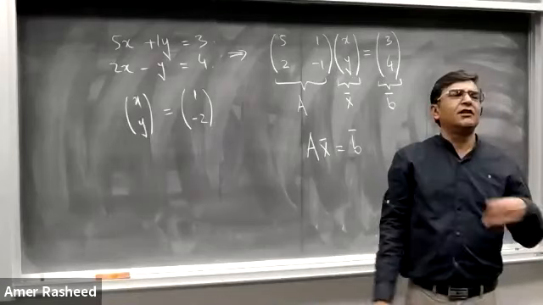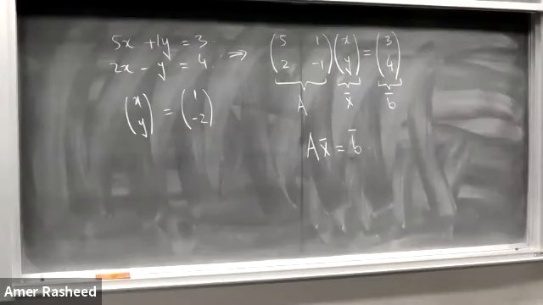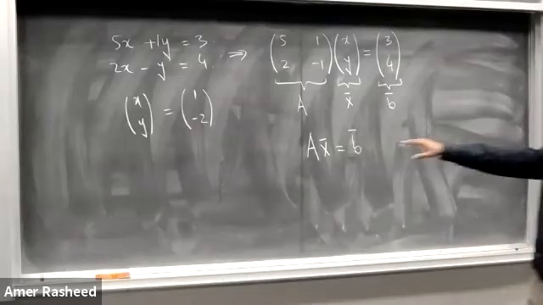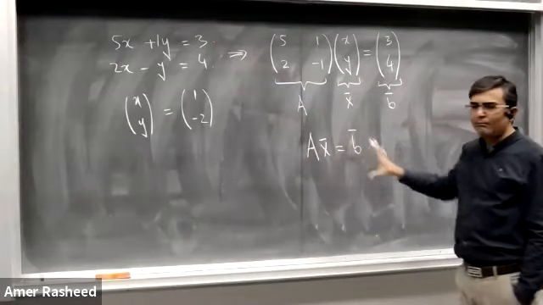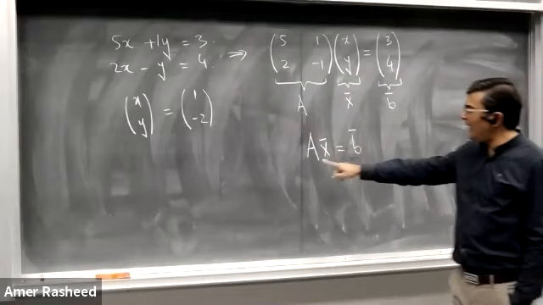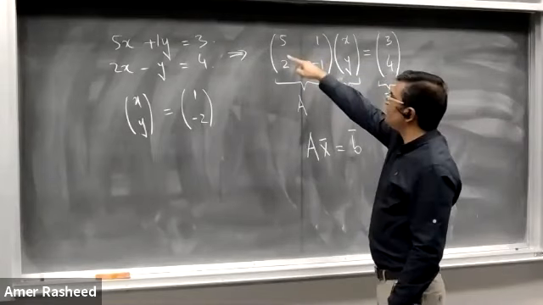We'll discuss the basic definitions of matrices after this topic of linear systems. So we can write this linear system in this matrix form, where A is this matrix.